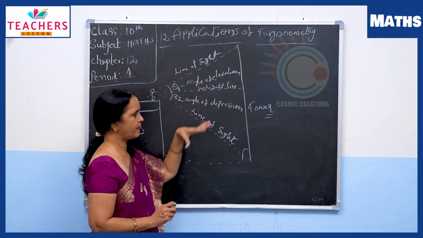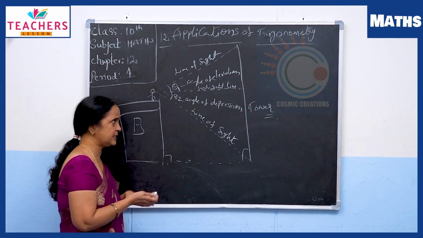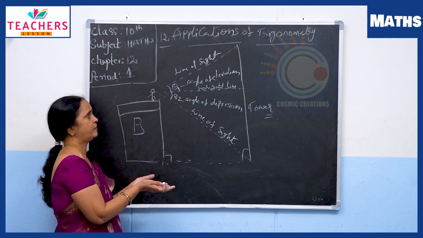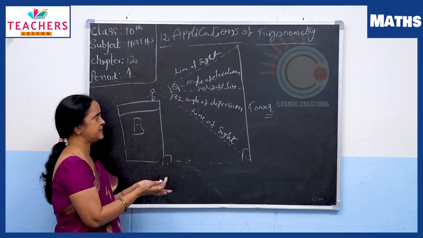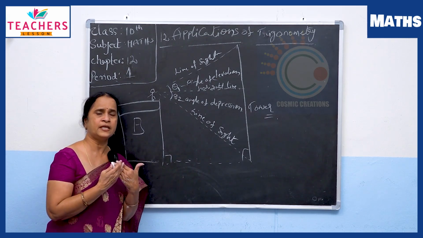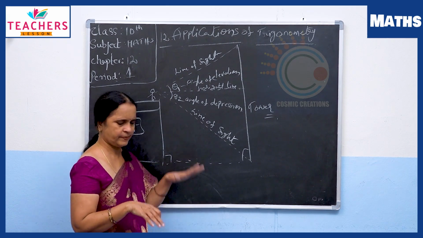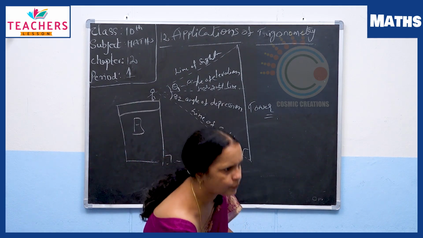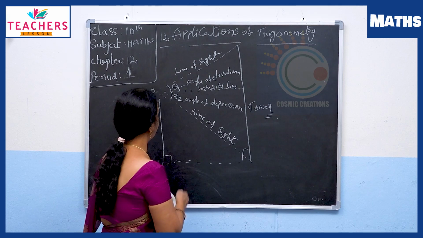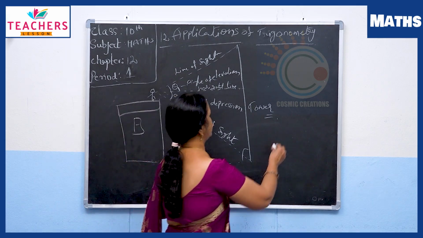Got it? With reference to the horizontal line, we consider the line of sight, whether it is angle of elevation or angle of depression.